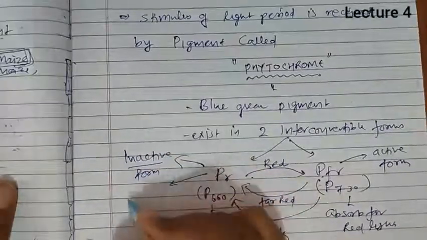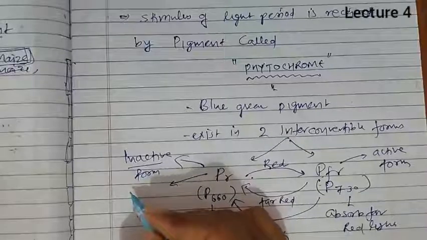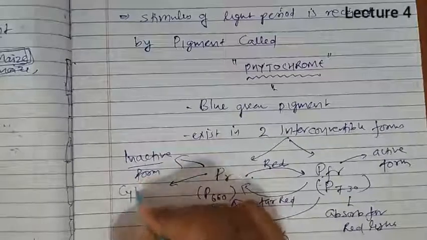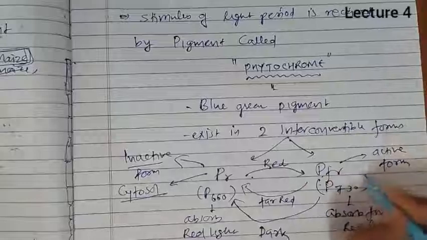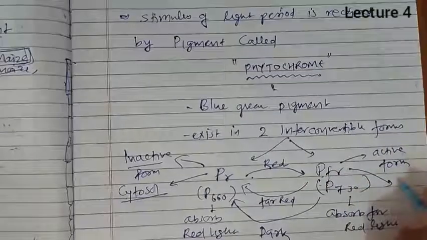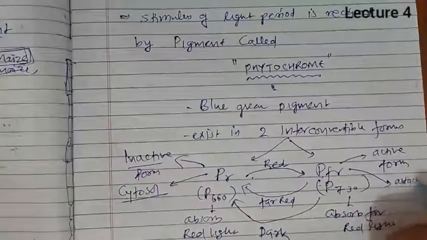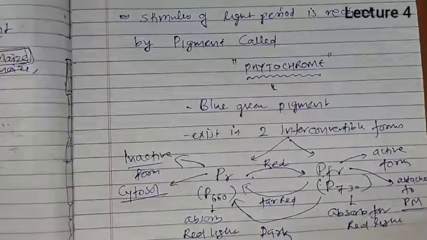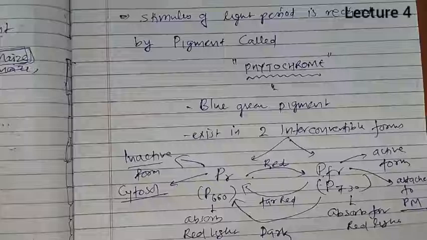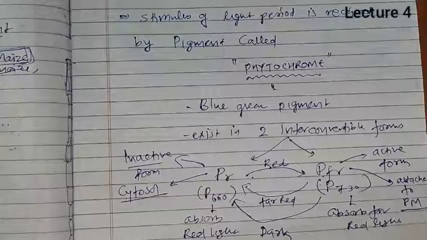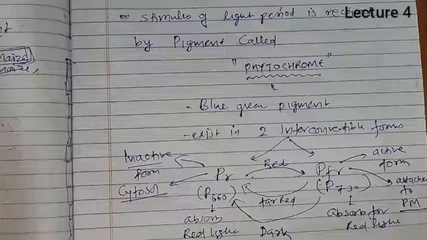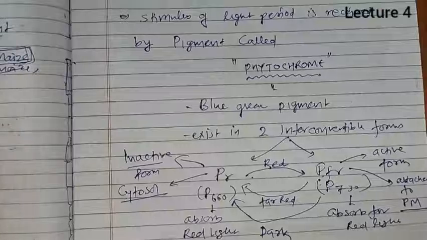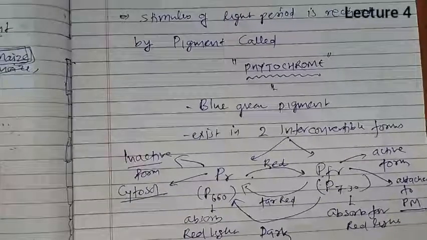PR is found in cytosol and PFR is attached to plasma membrane. Okay, so these are the different forms which are observed in PR and PFR.